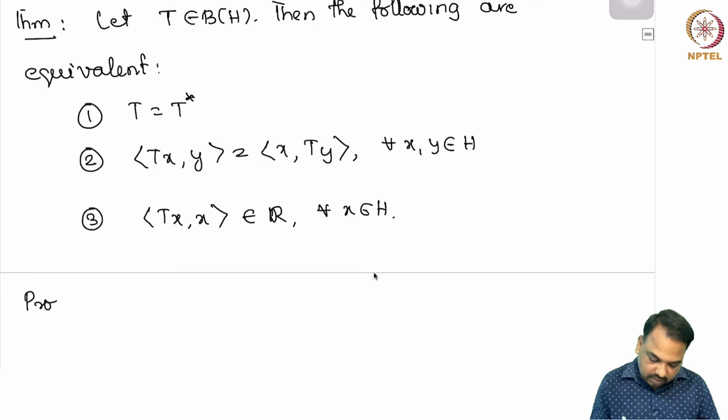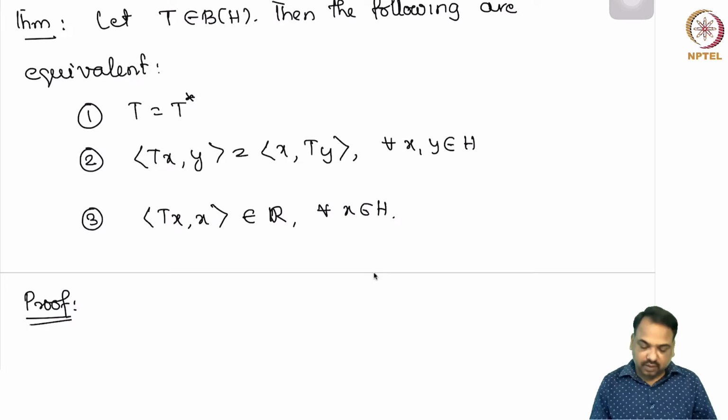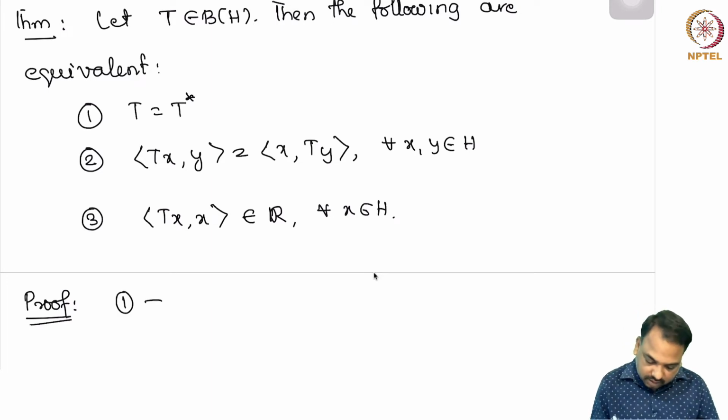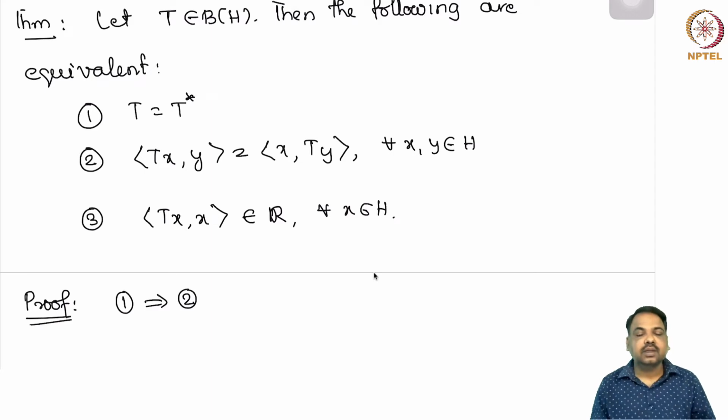Let us try to look at the proof. So 1 implies 2 is clear. When we write the equation of the adjoint and write T equals T star, then we get 2. Now 2 implies 3 is also clear, because when you take y equal to x, the inner product of Tx with x is the inner product of x with Tx.